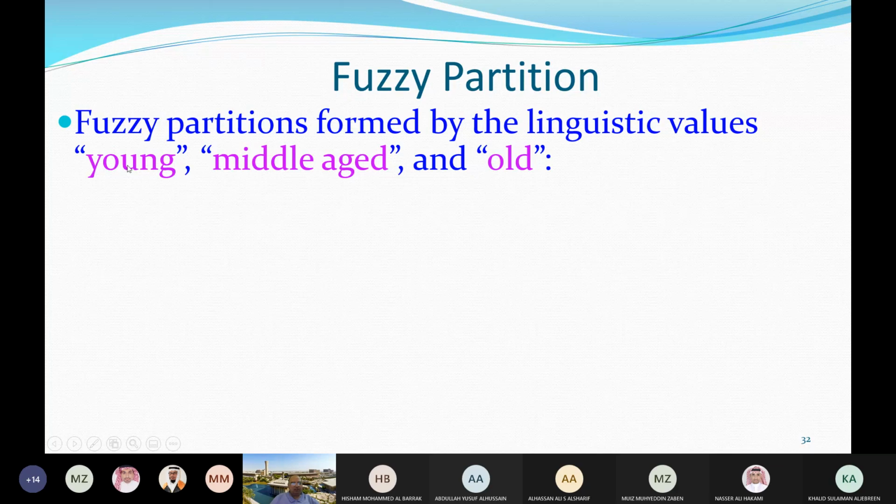Okay, fuzzy partition, as we mentioned, if you have any fuzzy variable or linguistic variable, you can divide it into several values. Like, for example, the age: you can have it young, middle-aged, or old.